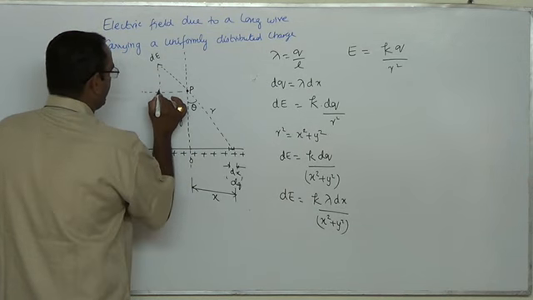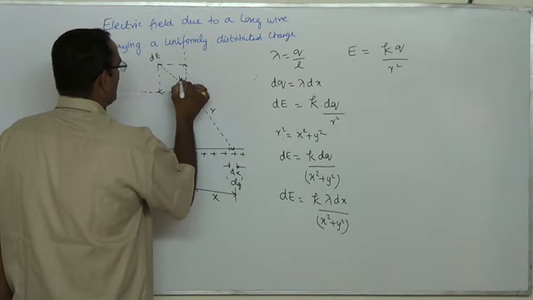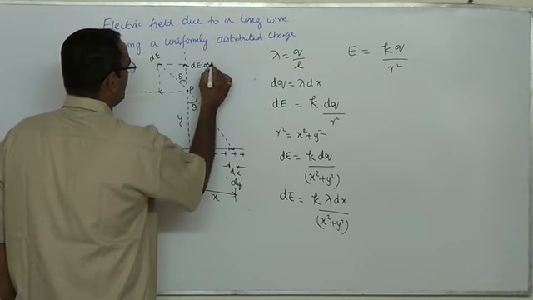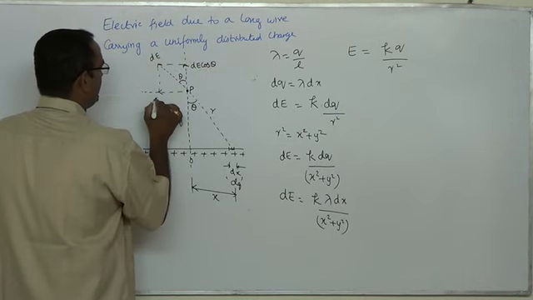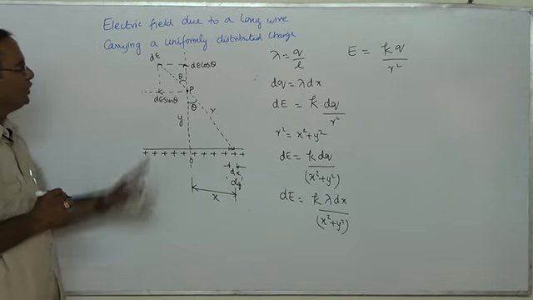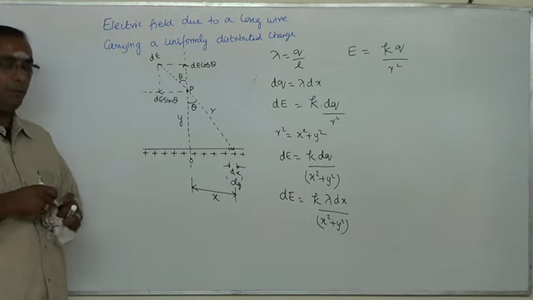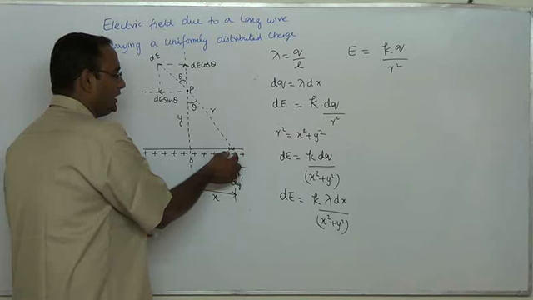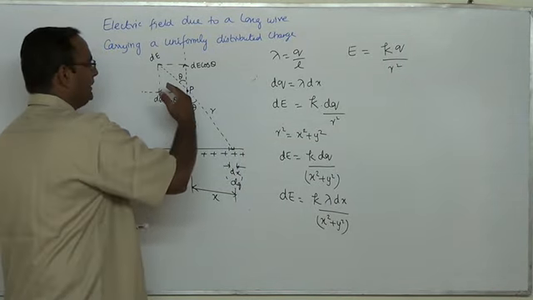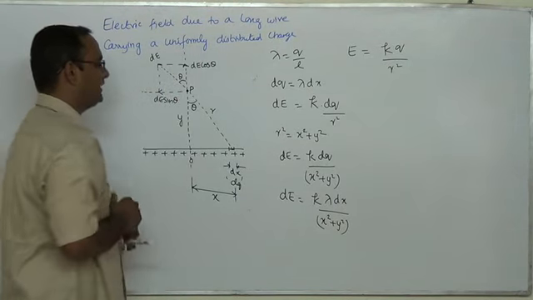If this angle is theta, then this angle is also theta, and therefore this vector is dE cos theta and this vector is dE sin theta. So for a small electric field dE, because of the elemental charge dq at the point P, the dE can be divided into two components. One is dE cos theta, the other one is dE sin theta.